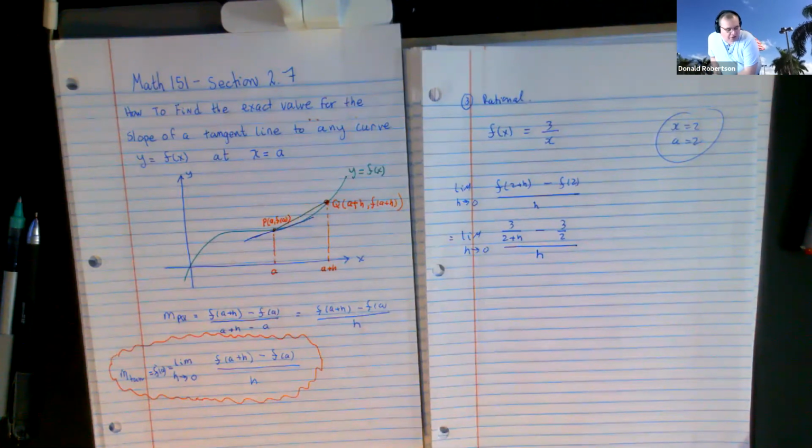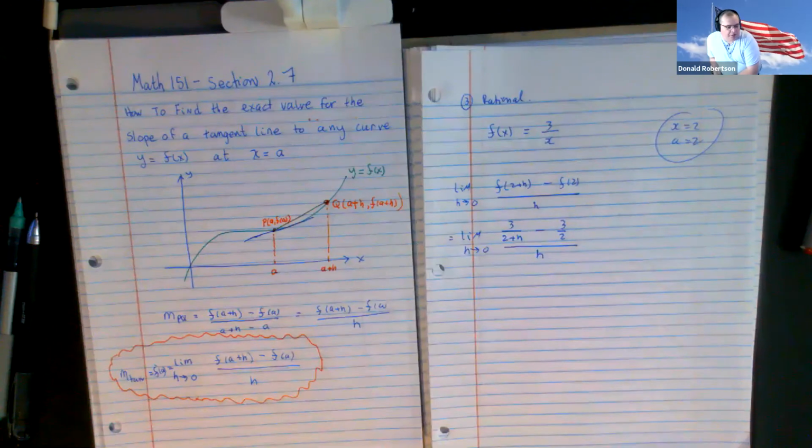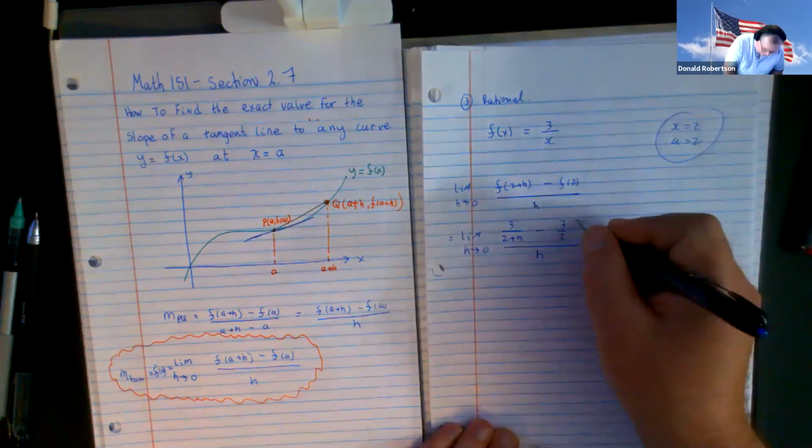I think it's living up to its reputation of being downright ugly. I mean, it's already ugly. Would you agree? Fractions with fractions on the top are never going to end well, right? They're never going to be easy to deal with. There are 2 techniques for doing this. The first one is you just combine those 2 fractions by turning them into a common denominator, adding them together and deal with it. I'm not going to do it that way. You can look it up and see people doing it that way.